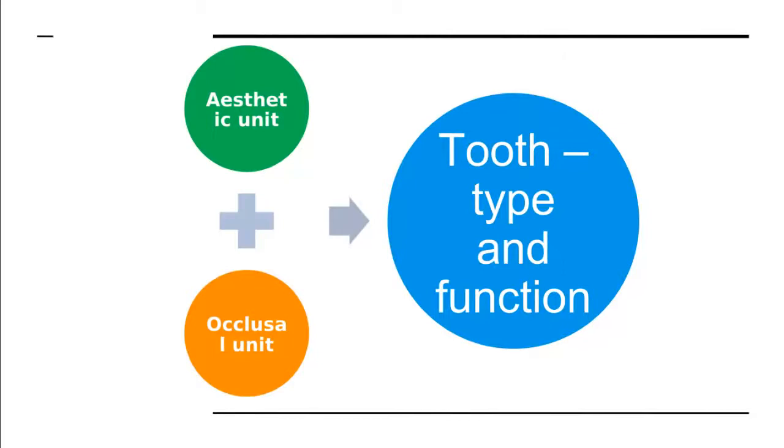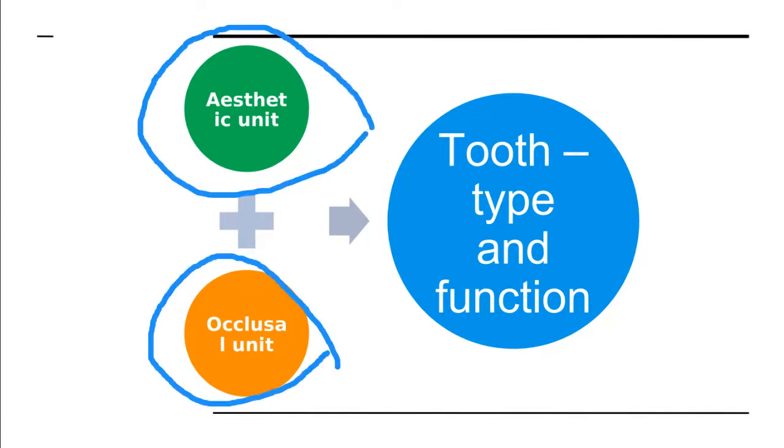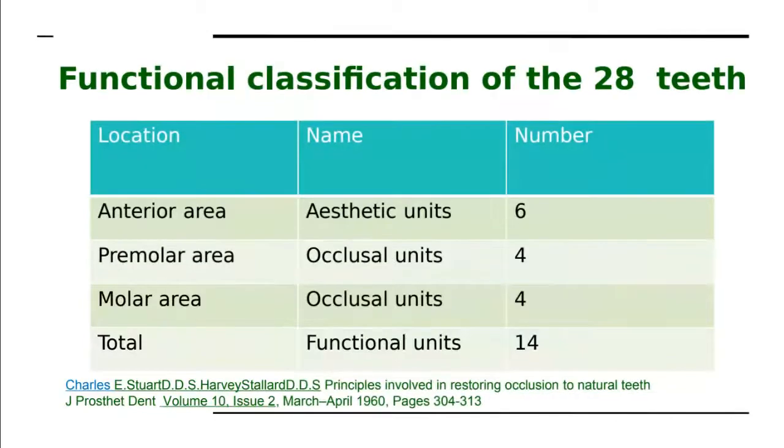And finally, if you see the type of teeth, there are two types of teeth in our mouth. One is the aesthetic unit, and you have the occlusal unit, right? Now let us see what these two units are.